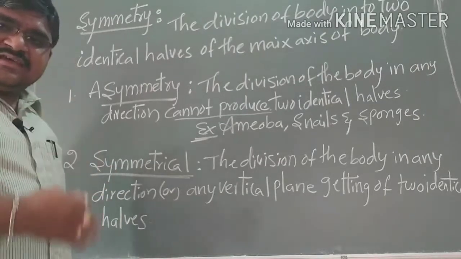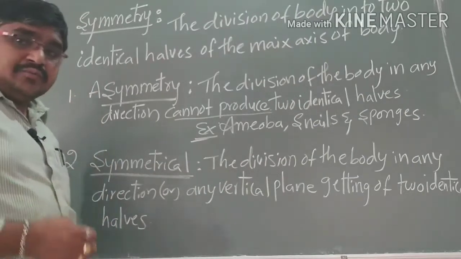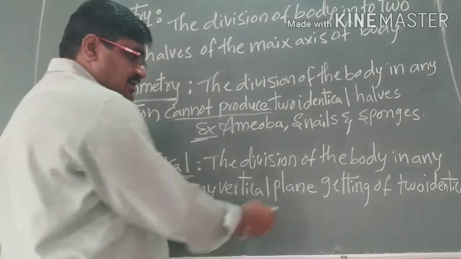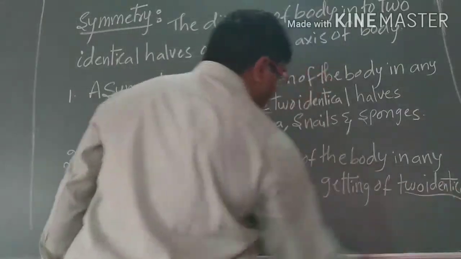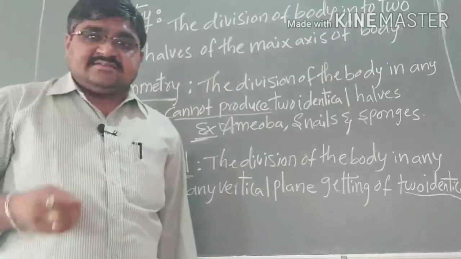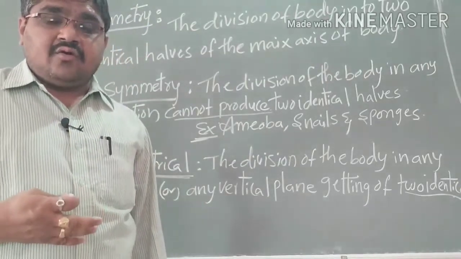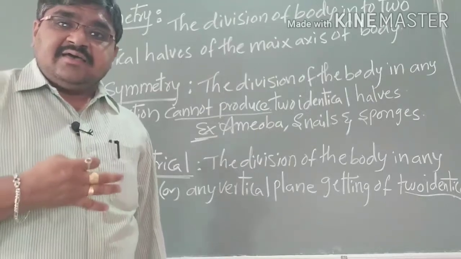When you cut in any direction or any vertical plane, we are able to produce two identical halves, then such type of symmetry we call symmetrical.